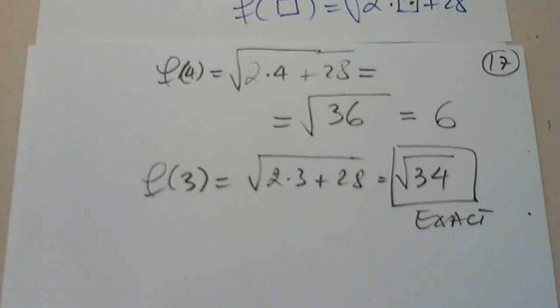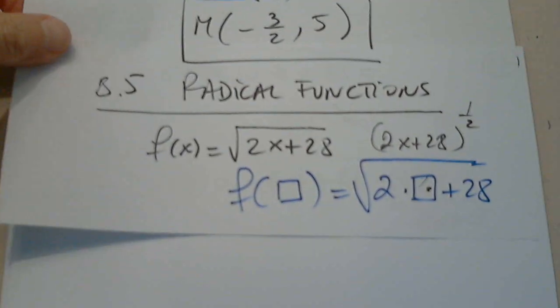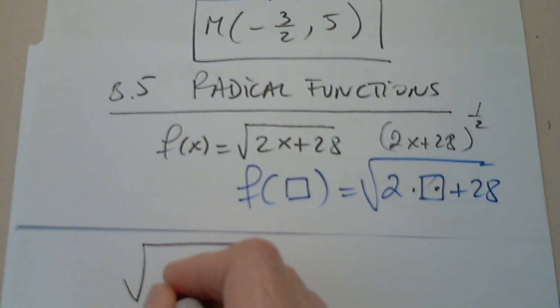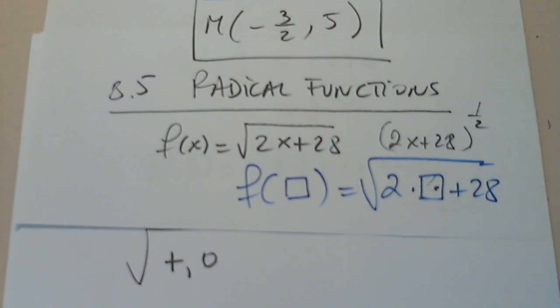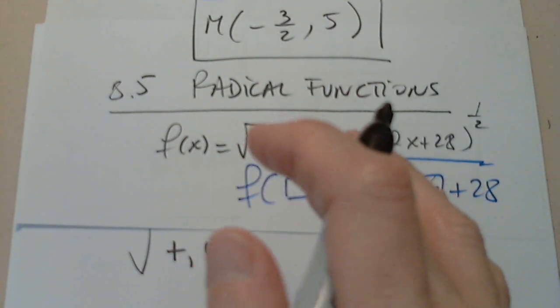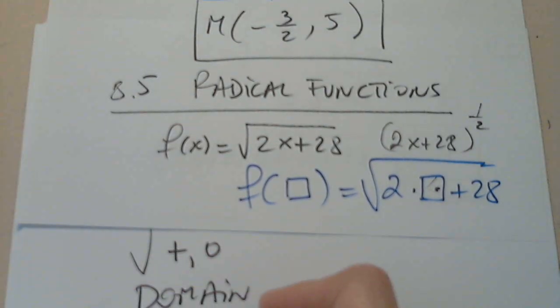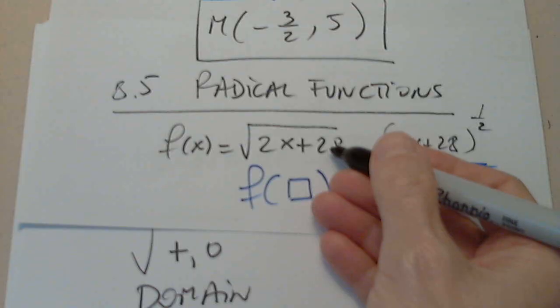One final step, and I'll stop, I promise, just on this problem. Remember we said that the square root requires positive or 0 underneath. How will I determine the domain? What is the procedure of finding a domain for this function?